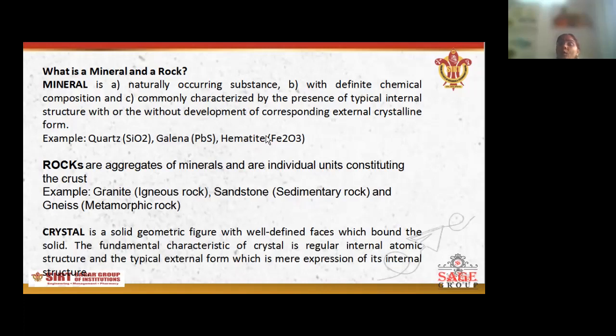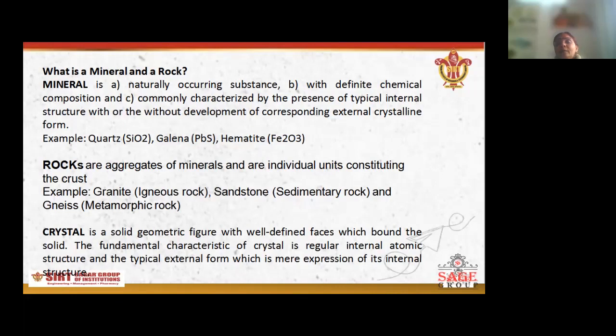Hematite is an ore of iron. During the extracting process, the iron will be separated from the main ore.